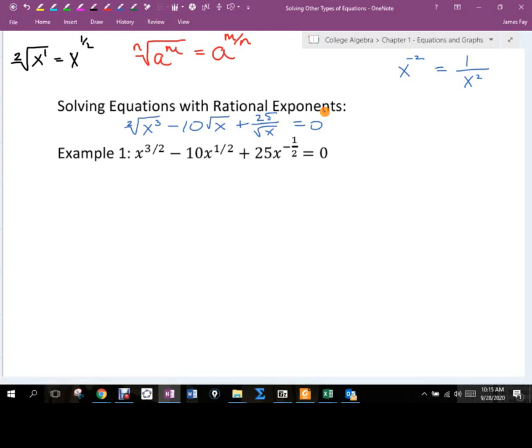So when you see something like this, my suggestion is, if there are negative exponents, you find the largest negative exponent and you try to factor it out, okay?